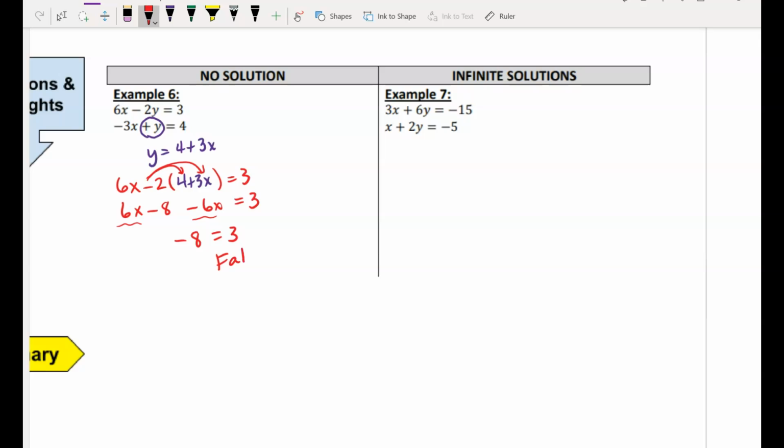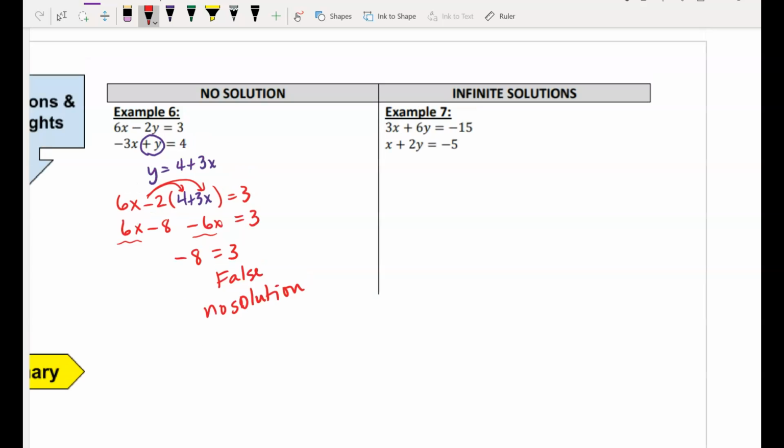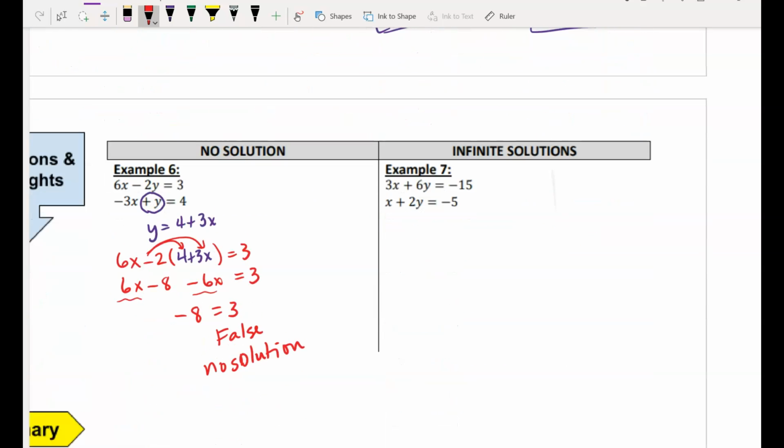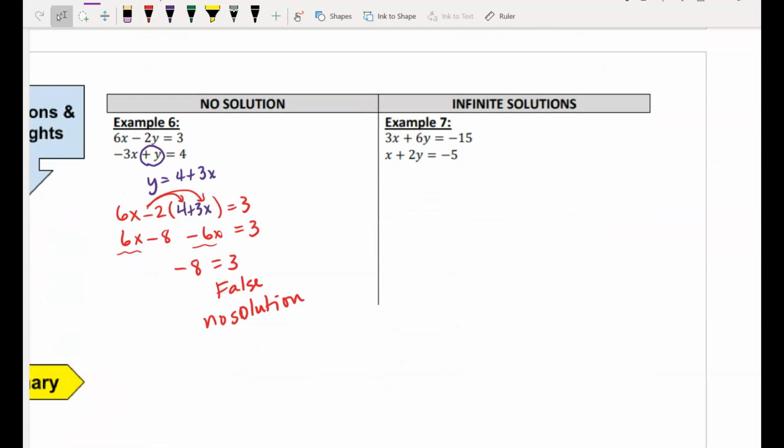That's a false statement, and when we get a false statement, that means that there's no solution. Now there's a difference between my variable canceling out to 0 and getting an answer of x equals 0 like we did in the previous example. So don't get those confused. If your variable goes out and you get a false statement, then that's no solution.